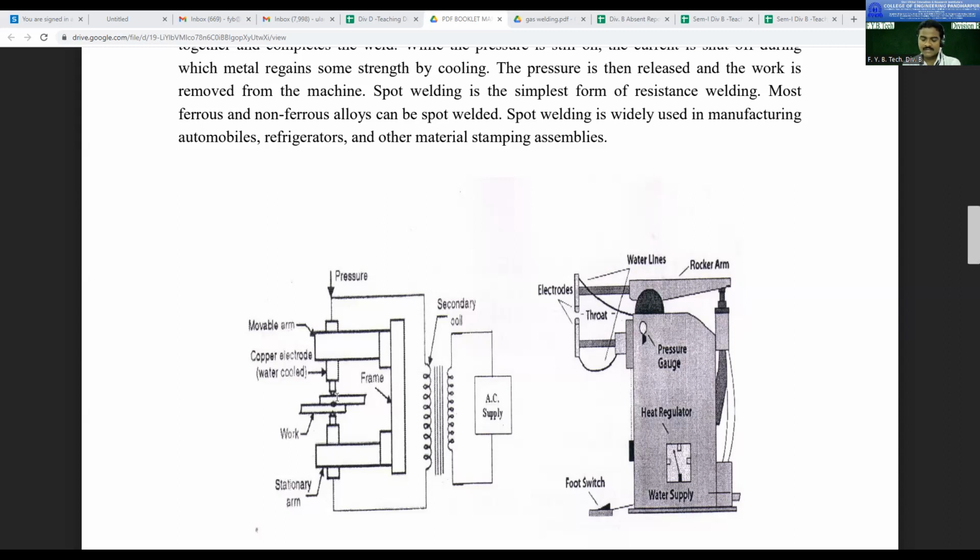The pressure is then released. And the work is removed from the machine. Work म्हणजे काय, work pieces, metal pieces म्हणतात. Work is removed from the machine.